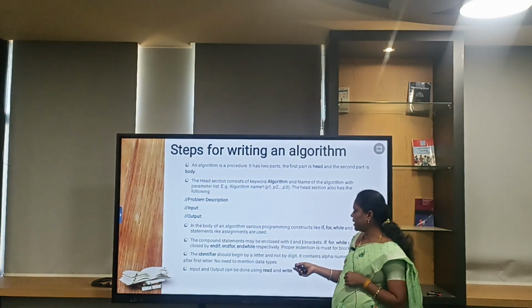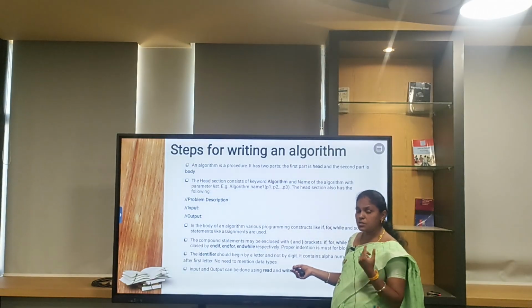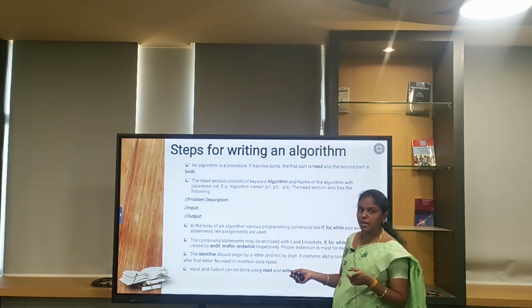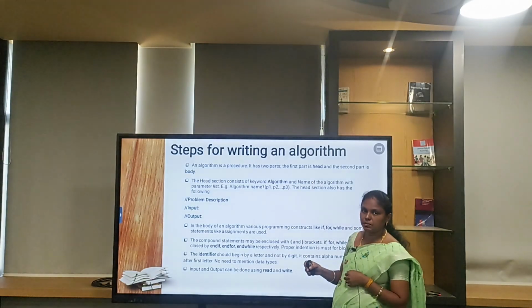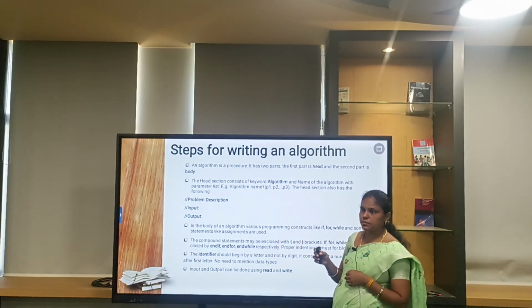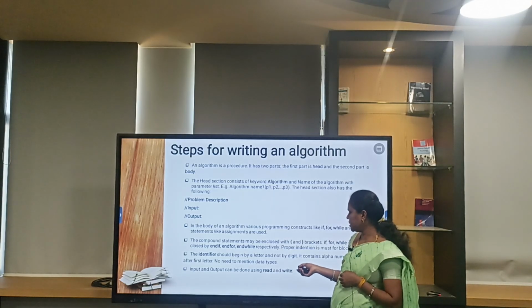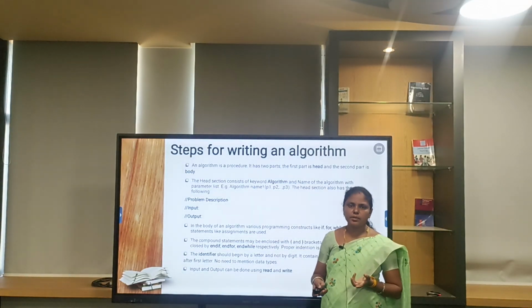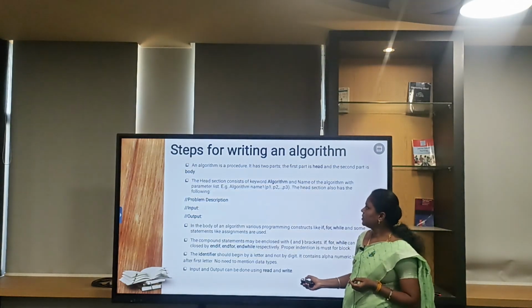An identifier should begin with a letter and not a digit. The rules for writing an identifier in C language are the same here: your identifier should not start with any number. Input and output can be done using read, write or print. So these are the rules for writing an algorithm.